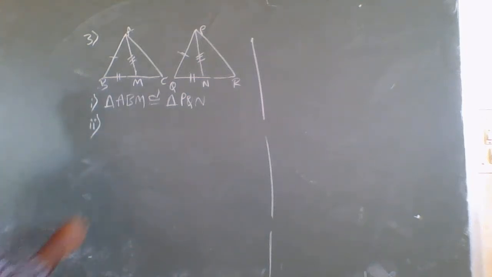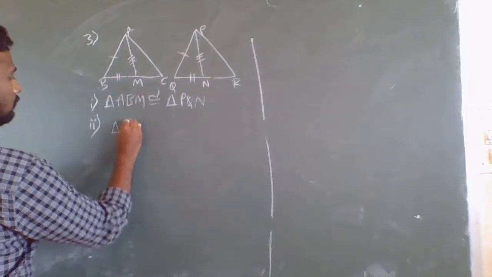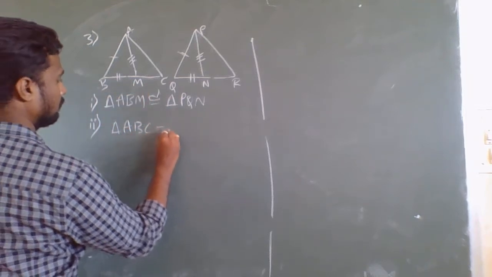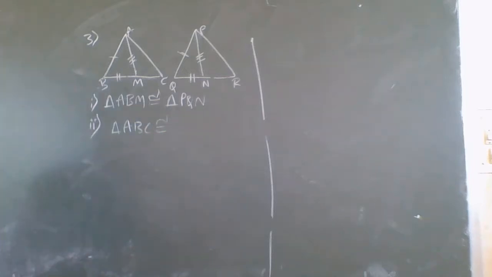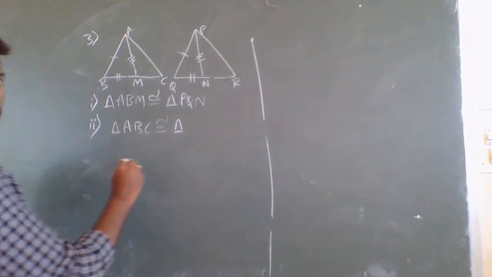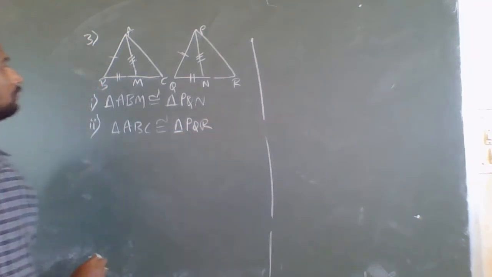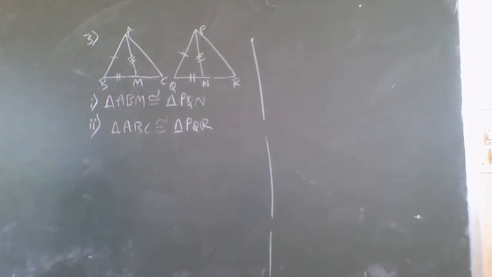Triangle ABC is congruent to triangle PQR. So these are the two questions in the third problem.